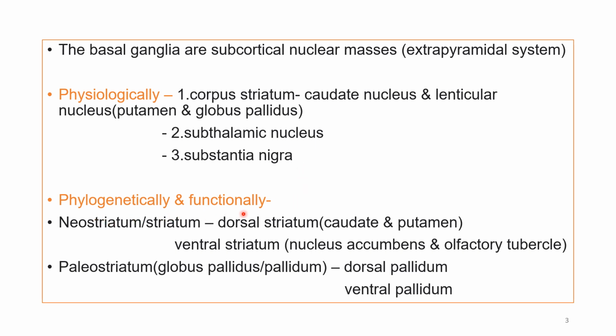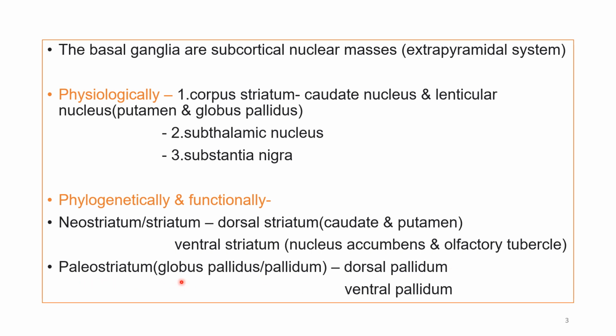Then phylogenetically and functionally, it is divided into neostriatum or striatum, which is further divided into dorsal striatum and ventral striatum. The dorsal striatum consists of caudate and putamen, and the ventral striatum has nucleus accumbens and olfactory tubercle.